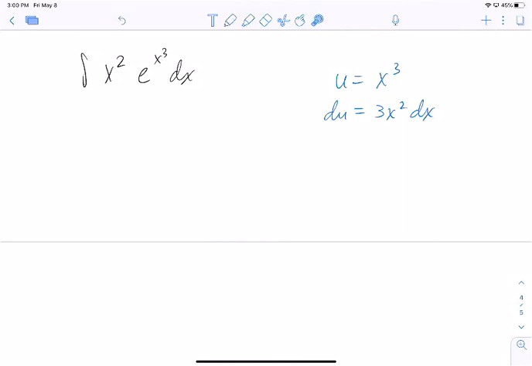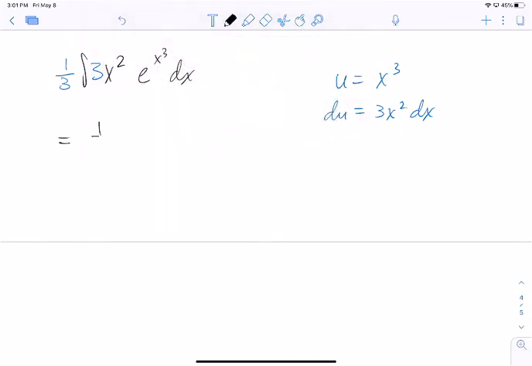The way I like to handle this is I look at what we have and look at what we need. So for du, we need 3x squared dx. I have the x squared dx, and so I'm going to multiply inside of the integral by 3, and outside I'm going to divide by 3. Ultimately here we're multiplying by 1.